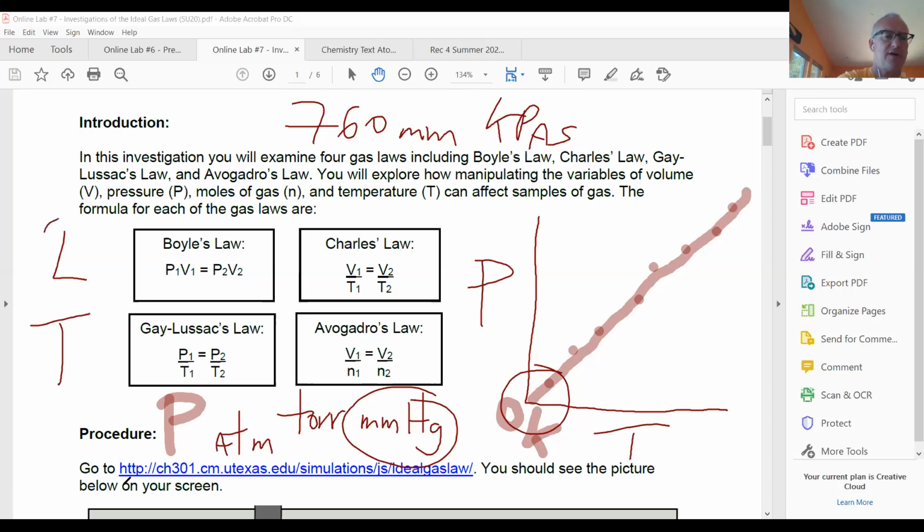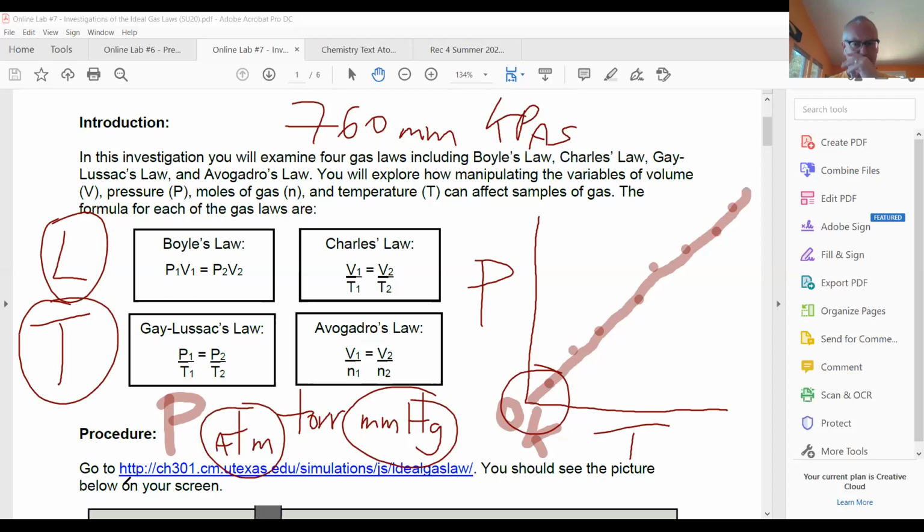So liters for volume, temperature is going to be in Kelvin, pressure is going to be a lot of different things. I think we're going to be using atmospheres for this particular experiment. And n, what are we going to measure n in? Molarity. Nope, not molarity. Moles. Molarity is capital M. Small n is moles, right?